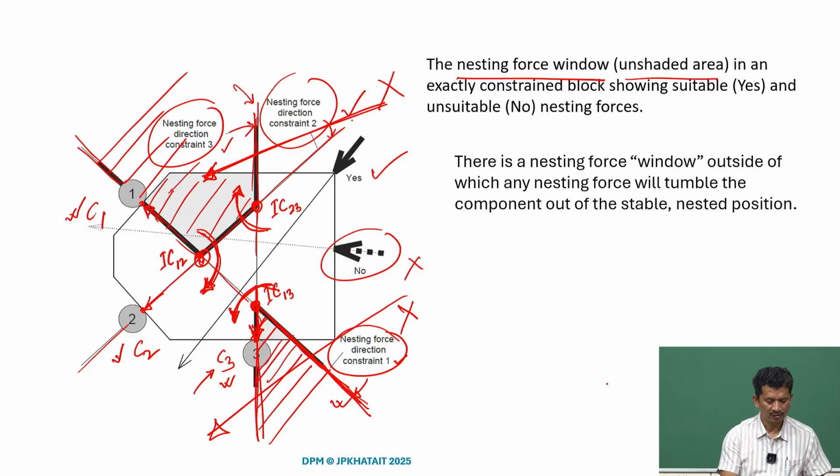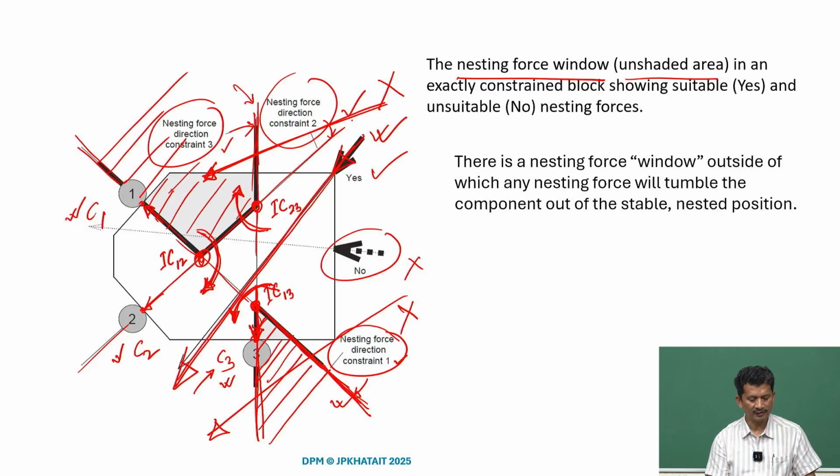But there is one area which is unshaded, and if the force is passing through that one, for instance, the one shown here, if the force is like this, this force is a good solution.